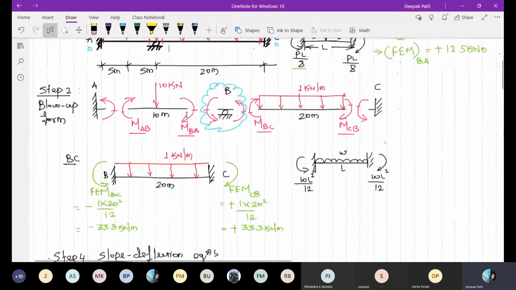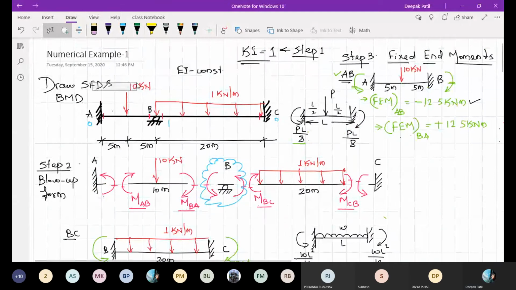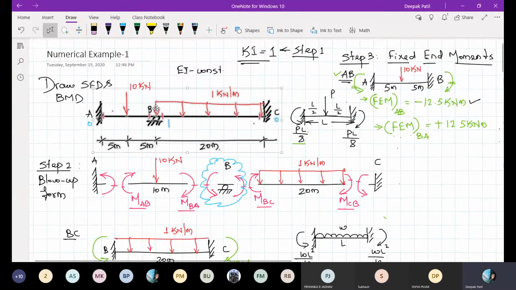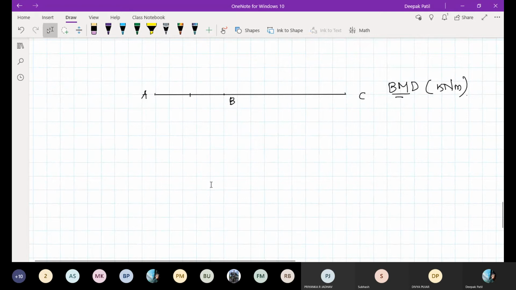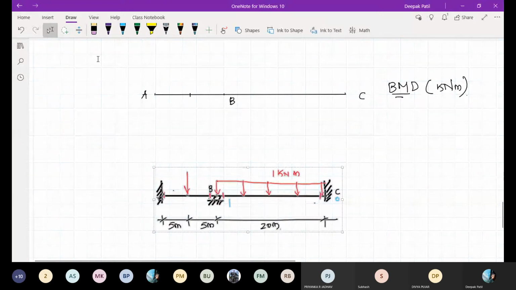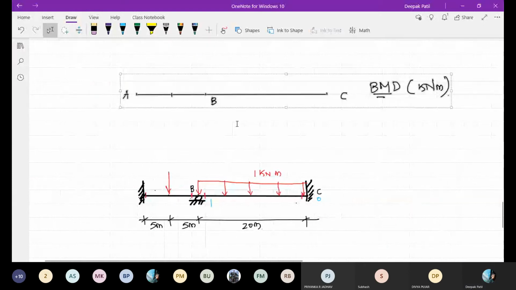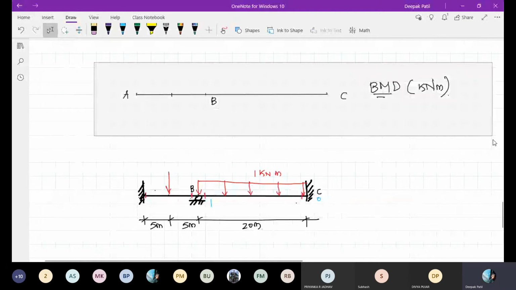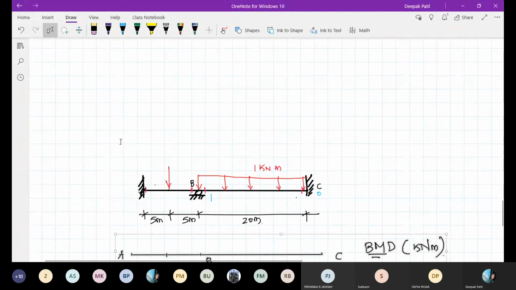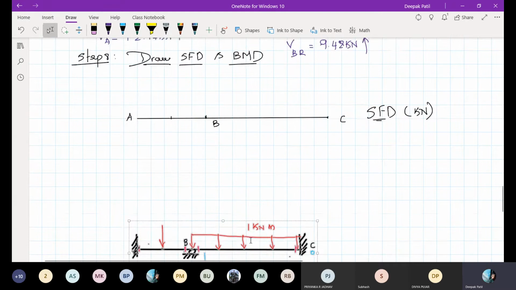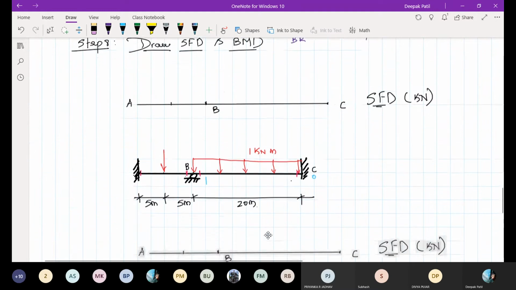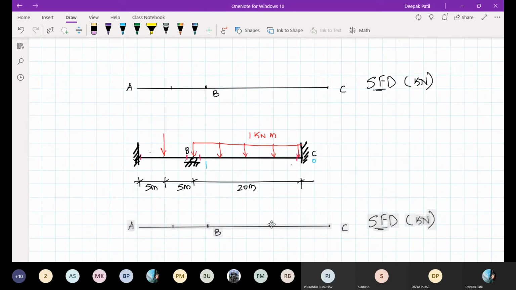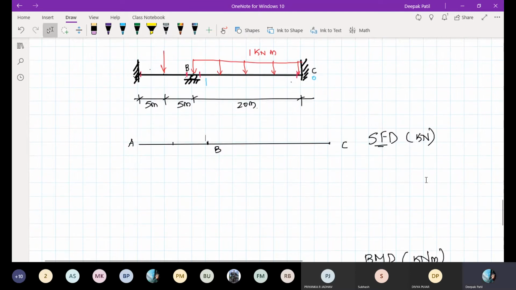For that purpose, I will take this beam diagram with me so that it should be easy. Or else let me just write this diagram again.